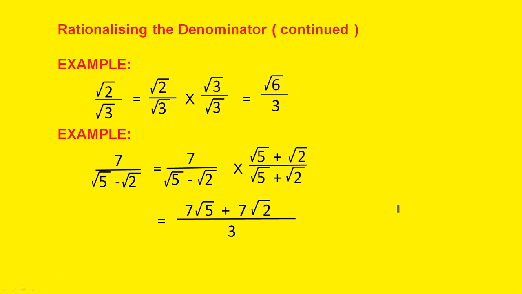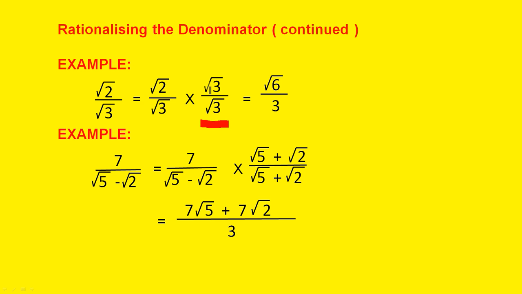Rationalising the denominator continued. Now we're doing another example which is slightly a little bit more involved, but the principles are the same. So we have the square root of 2 over the square root of 3. We multiply the top and the bottom by the square root of 3 over the square root of 3. Of course, that's 1. So the value of this fraction doesn't change.